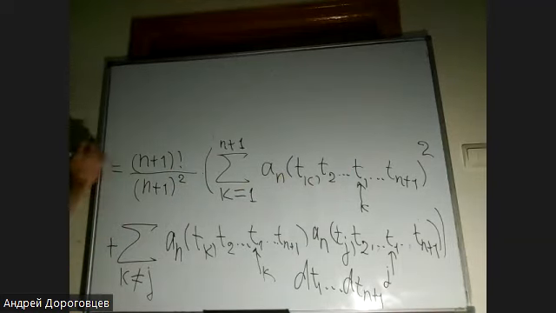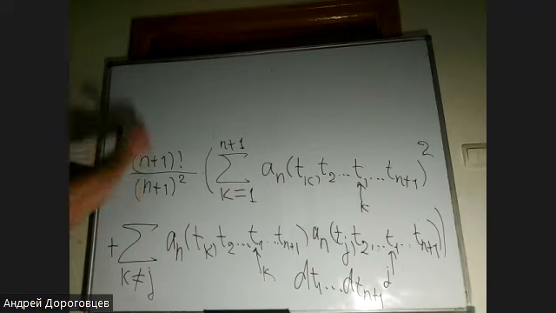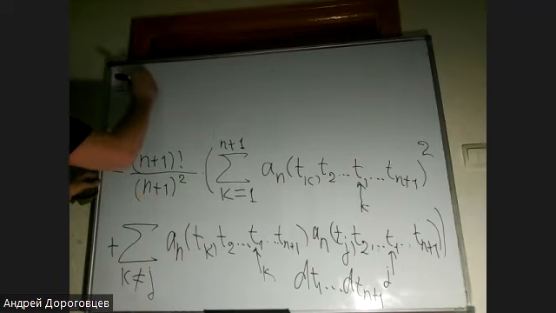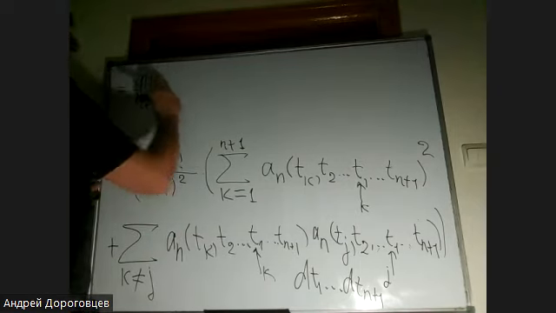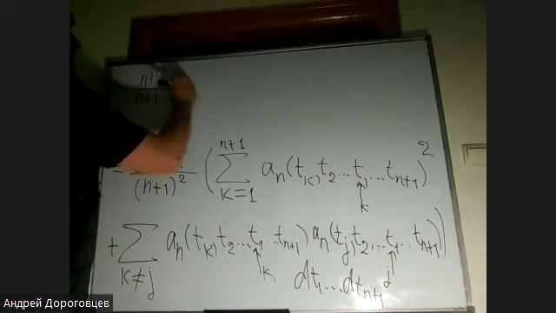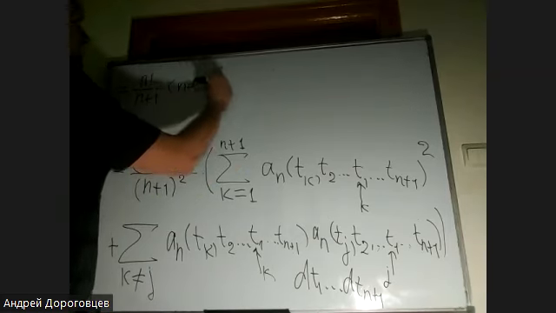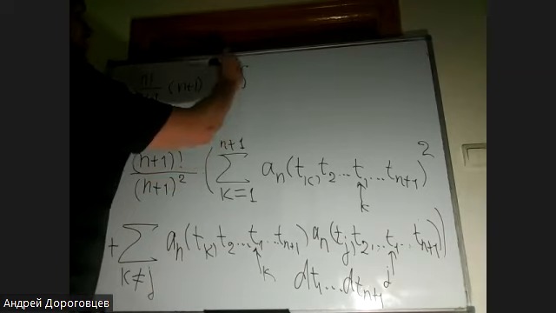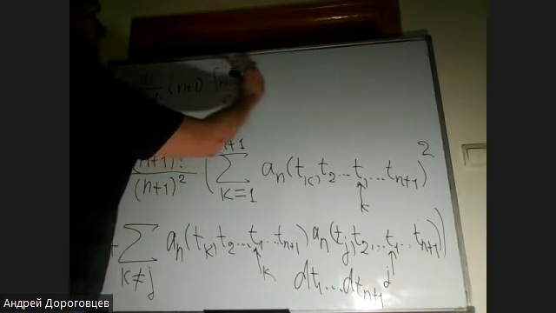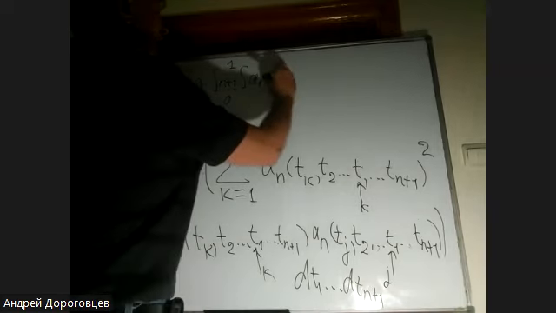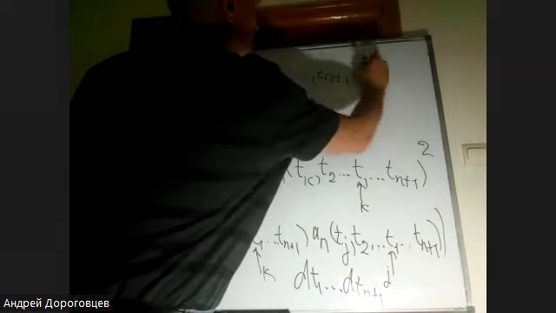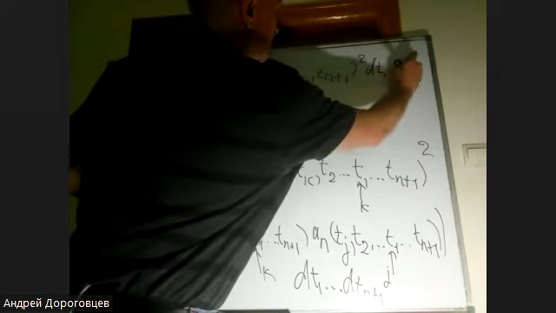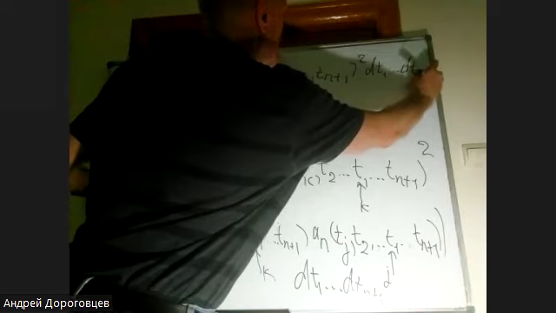Here we cancel 1, so we have n factorial divided by n plus 1, multiplied again by n plus 1, integrals over 0, 1, n plus 1 multiplicity, a_n(t1, ..., t_{n+1})^2 dt1 ... dt_{n+1}.